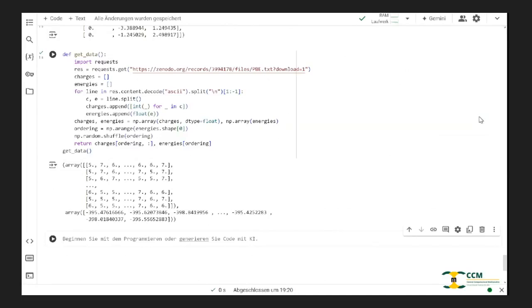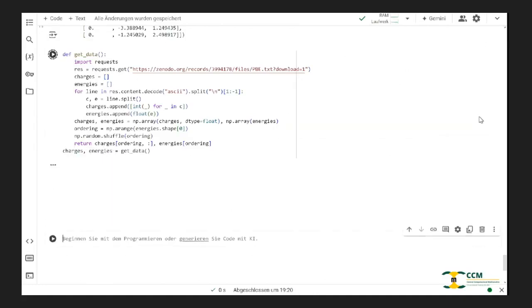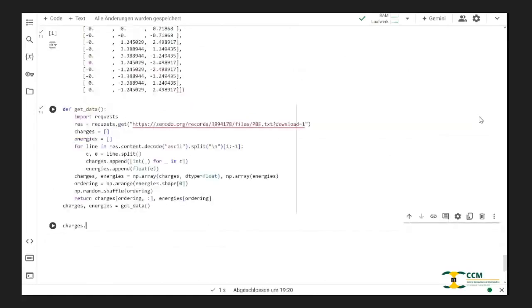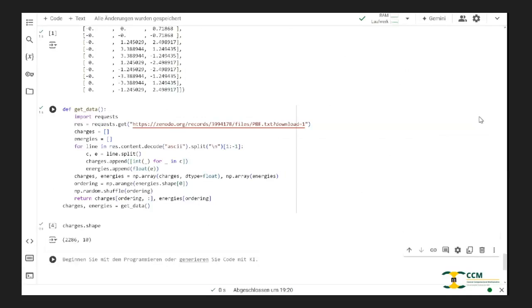The first one is an array of nuclear charges. So we can do something like charges, energies, and then I can show this. Charges.shape should be 2,286 data points.